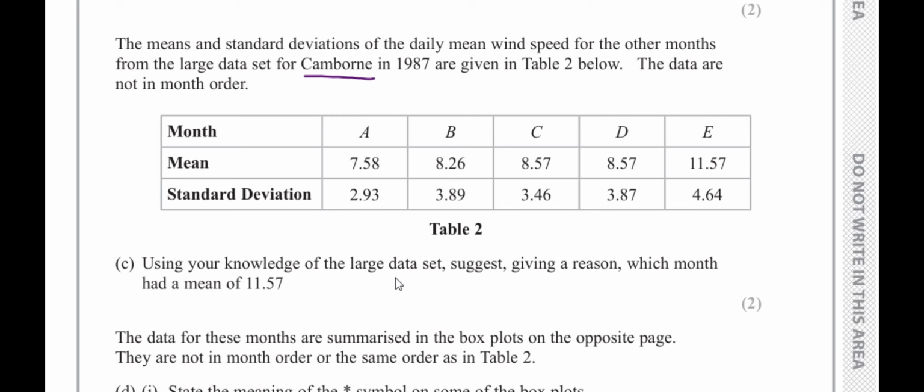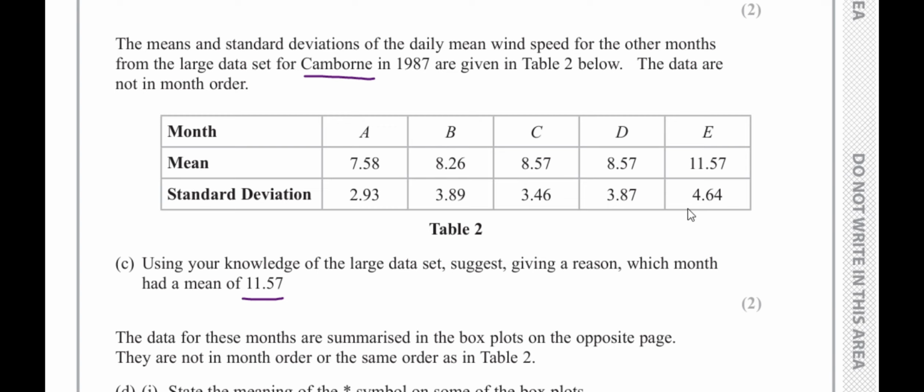Using your knowledge of the large data set, suggest, giving a reason, which month had a mean of 11.57. So here we need to have a little bit of knowledge about both the weather of the UK, because Camborne is in the UK, as well as what this large data set contains. So two things. One, it's quite windier in the UK during the autumn months. So that's one indication that 11.57 must be towards the autumn.